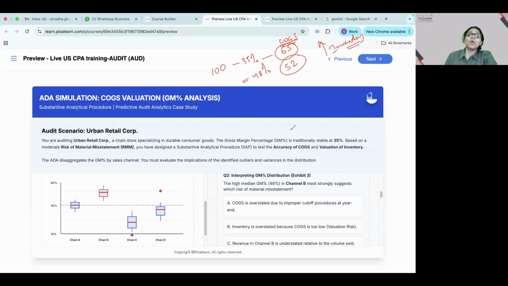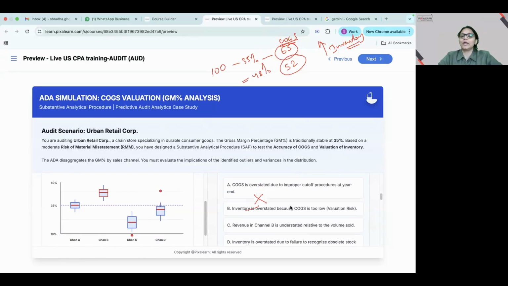So negate the wrong answers. COGS is overstated is wrong. Revenue is understated is irrelevant. I know this cannot be the right answer. So I know A and C are wrong answers. Now the choice is between B and D. Inventory is overstated because COGS is too low.